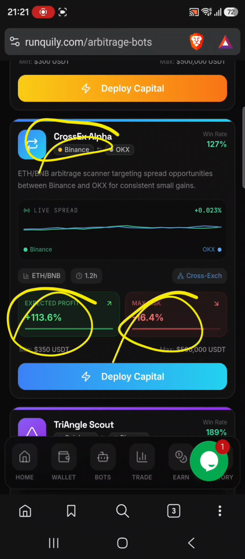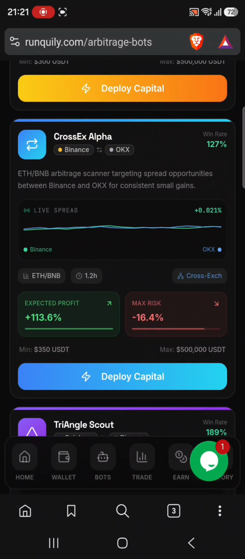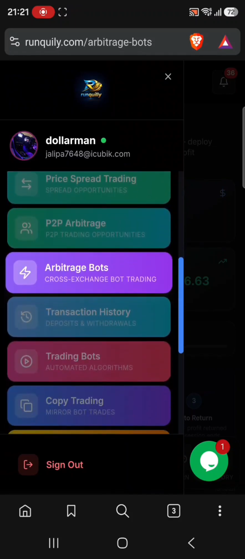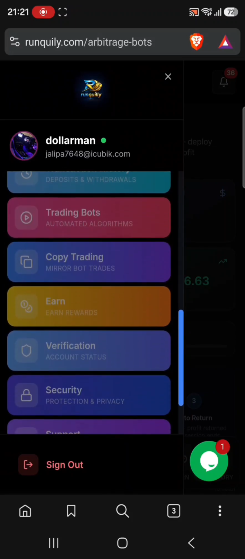So that means it is running in a profit. So the minimum of this bot is 350. So if you deposit 350 and above, you will unlock this bot and you will be eligible to trade with this. But the main concern of this video is trading crypto arbitrage trading manually.